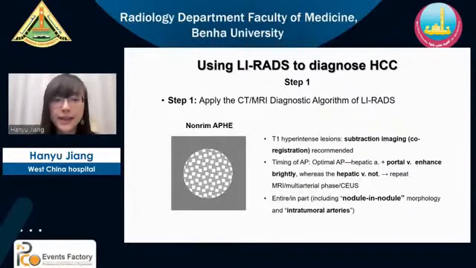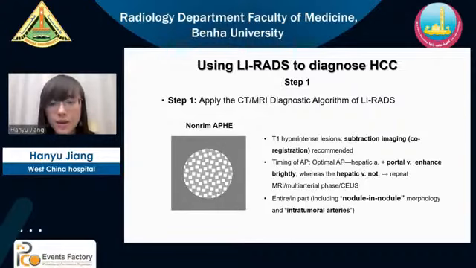Non-rim arterial phase hyperenhancement, non-rim APHE. It's really important to bear in mind that for T1 hyperintense lesions, it's better to use subtraction imaging with co-registration to identify the true hyperenhancement from those which may have been masked by the hyperintensity on T1 weighted images. Timing of the arterial phase image is really important. The optimal arterial phase images are usually acquired 35 seconds after injection of the contrast media.